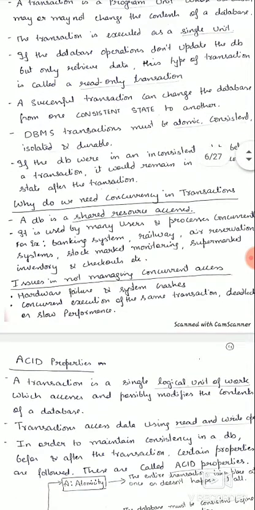Why do we need concurrency in transactions? Nowadays in real-time examples, we see concurrency everywhere. That means at a single time, many people are accessing the same operation.